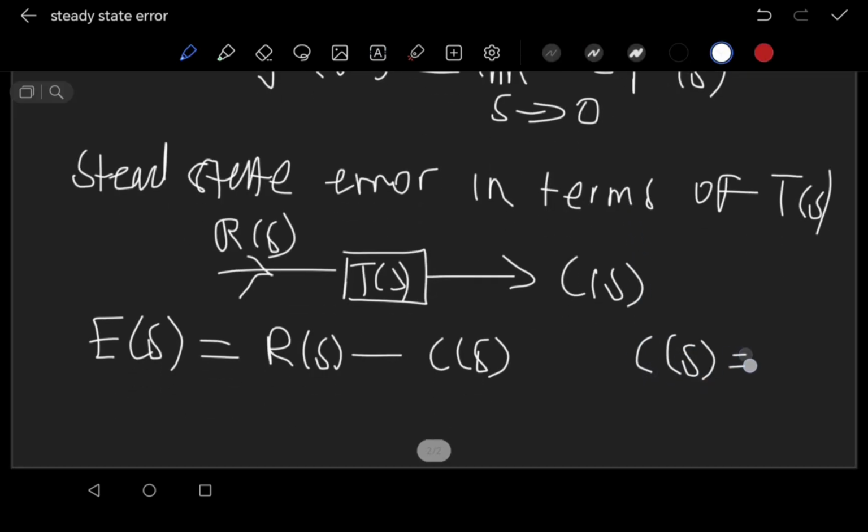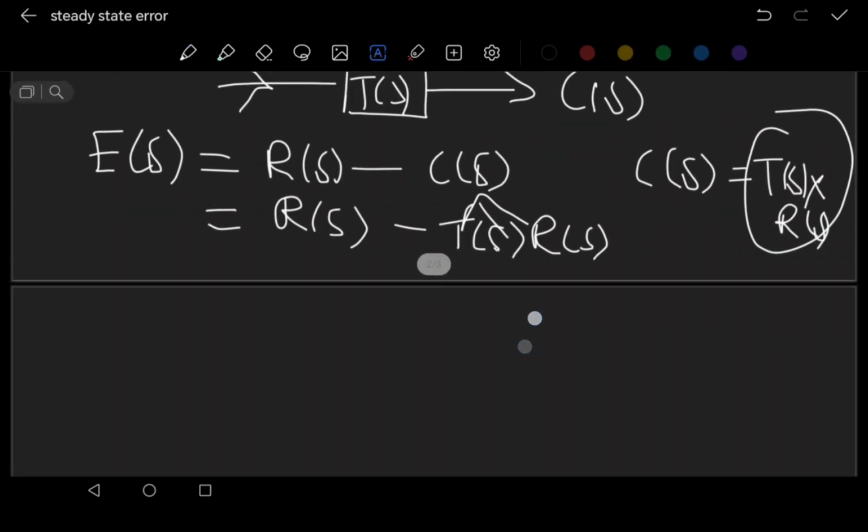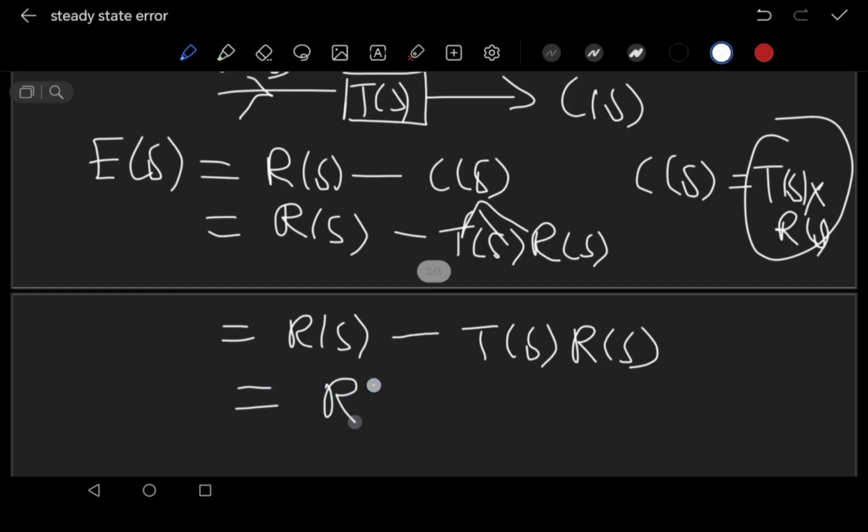Our output is equal to T(s) multiplied by the input, so it will be T(s) multiplied by R(s). Then we have R(s) minus T(s)R(s). From there we factor out R(s), so it will be R(s)(1 minus T(s)). That means our steady state error is equal to that.